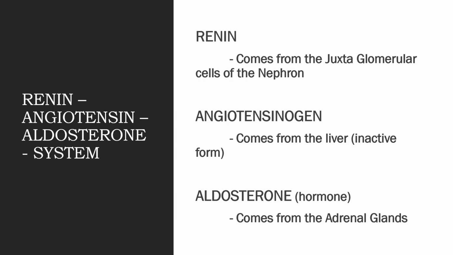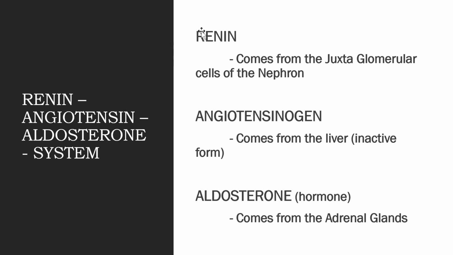So the first thing that we need to talk about is what all makes up this system. RAA stands for renin, angiotensin, and aldosterone. Aldosterone is a hormone, whereas these two are more enzymes, and they all come from different places.